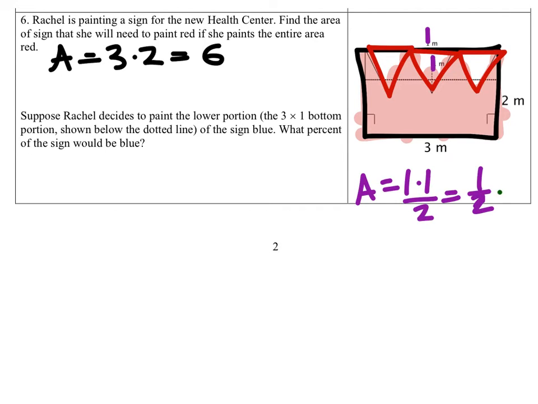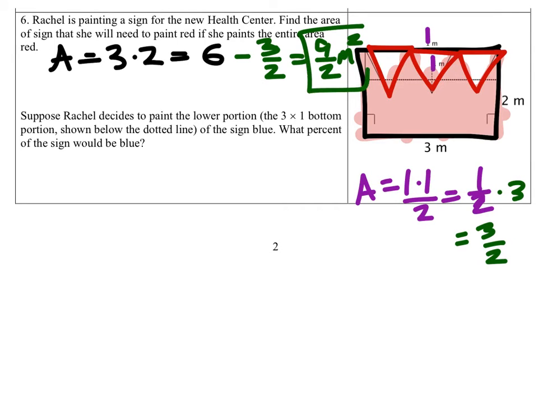But we've got 3 of those, so I'm going to multiply that by 3, which would give me 3/2. So I'm going to subtract that 3/2 from the 6, and that would give me 9/2, in square meters. So that's the area of the sign.